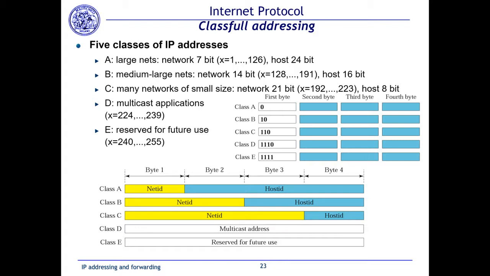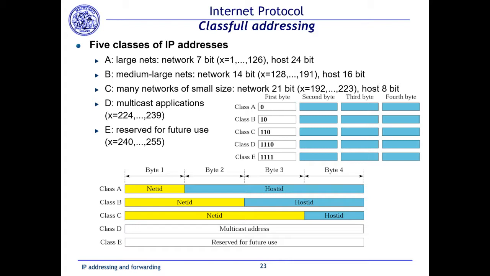Class C, the code is 110. In this case, you have 3 bytes for the net ID and 1 byte for the host ID. So in this case, you have very small networks. The number of addresses in each network is 256 actually, and the number of networks that you can create is very large.